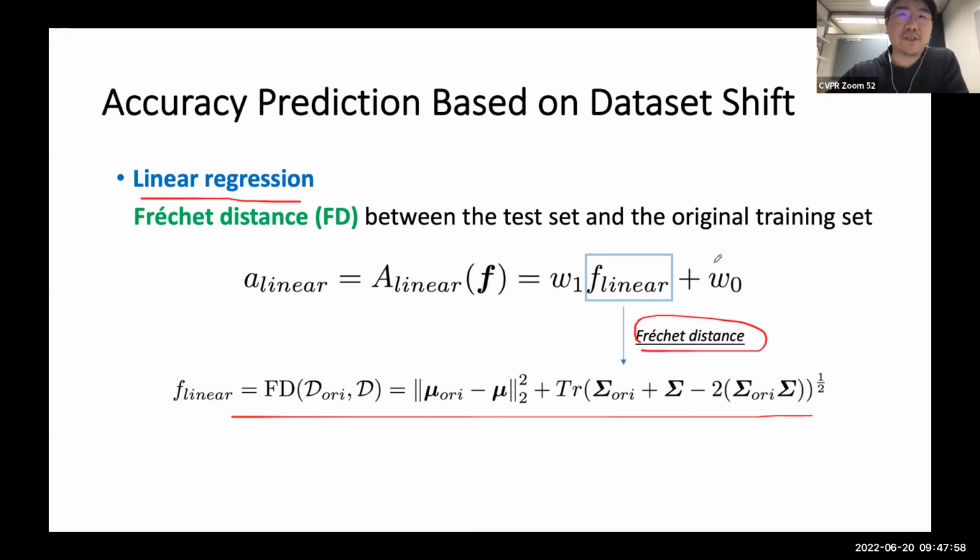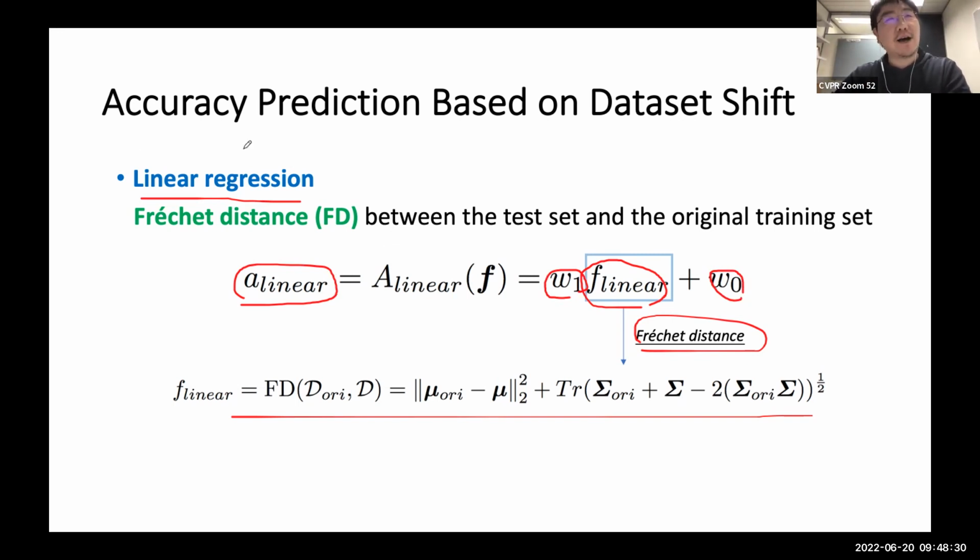This feature distance gives us a single one-dimensional scalar to represent the difference between two data sets. We use this feature distance as the x-axis and the estimated accuracy as the y-axis, and we simply use two parameters in this linear regression model. So it's very straightforward.